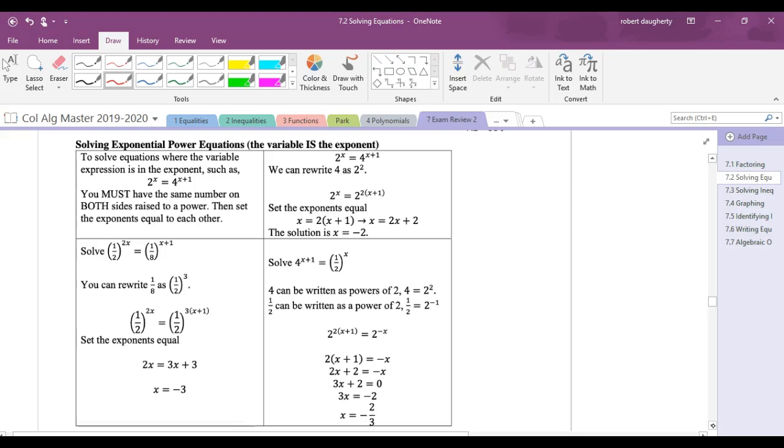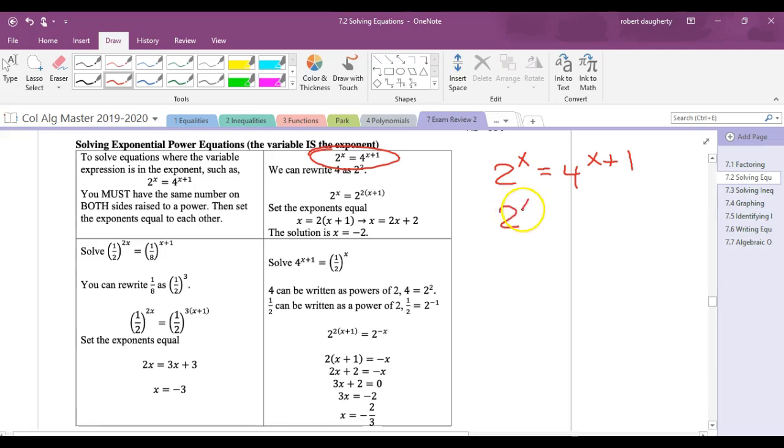Other problems we had were solving equations where the exponent contained the variable, okay? So something like this, 2 to the x equal 4 to the x plus 1. My only hope of solving an equation like that right now is to get the same number on both sides raised to a power, okay? If I look at this, 4 is a power of 2.